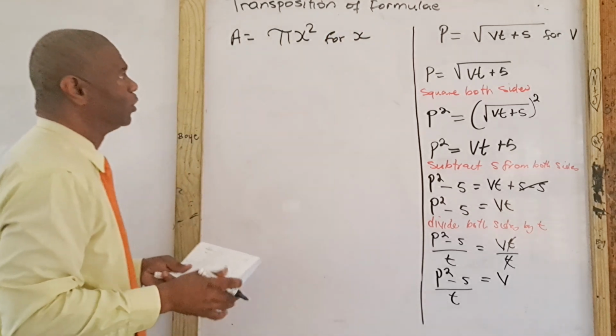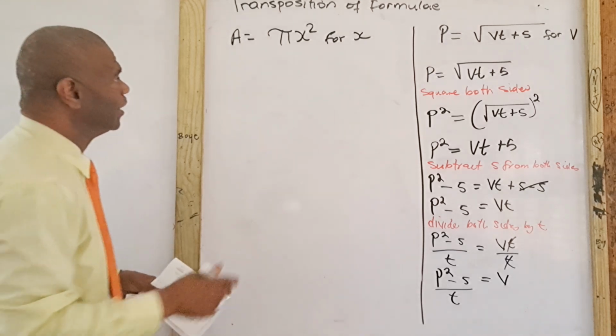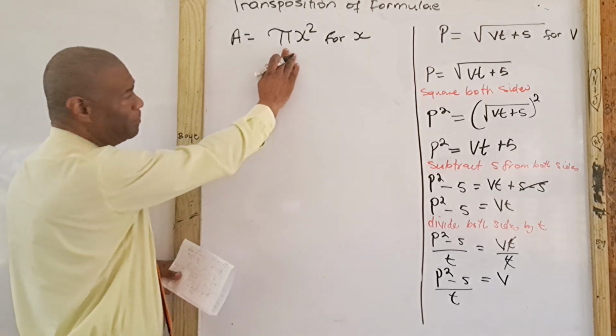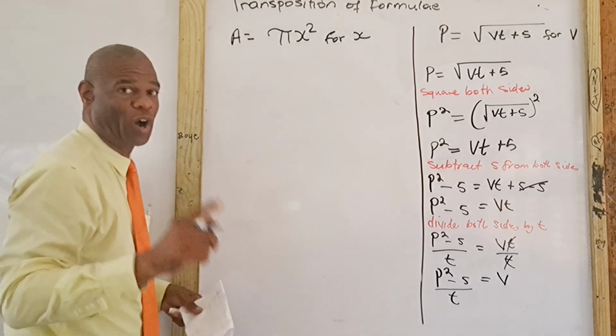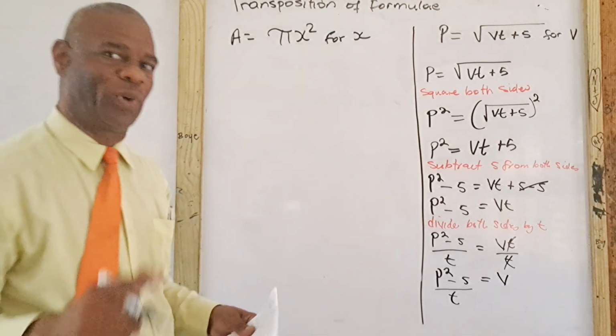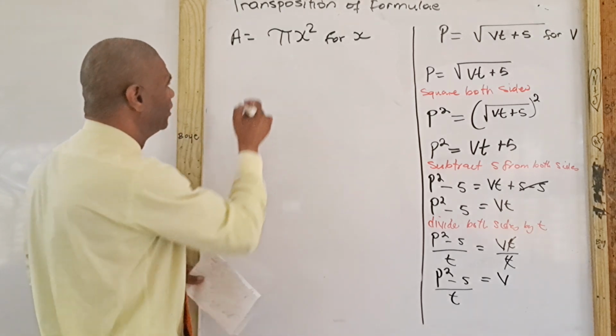So we must first get rid of the pi. Now this is pi times x squared. To undo multiplication again, we divide. Very good.